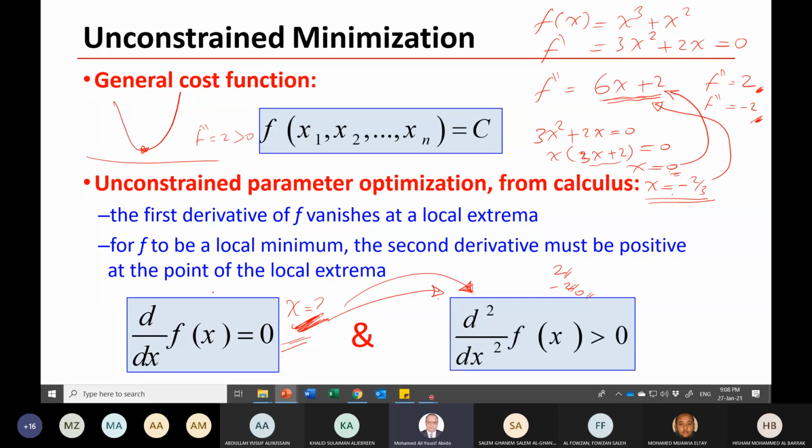So we have a local minimum, only one point. Now, if you have different points here, and you have two stationary points, at this stationary point, you have a local minima. At this stationary point, you have a local maximum. It's clear. Thank you, Doctor.